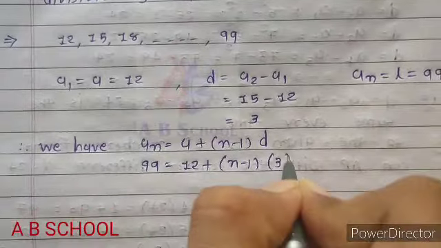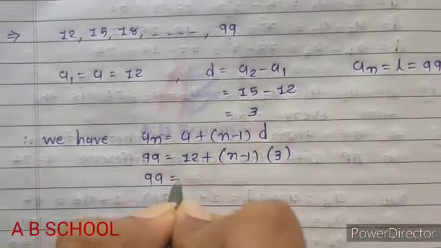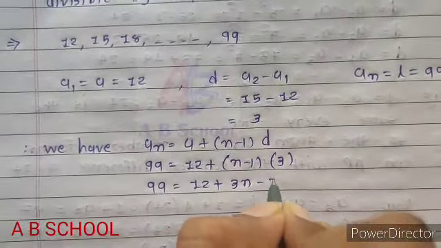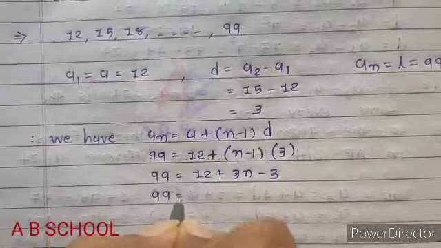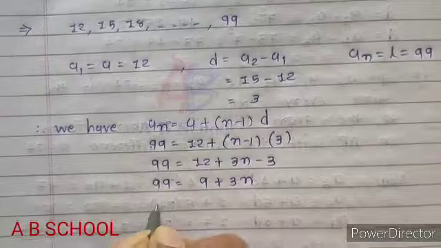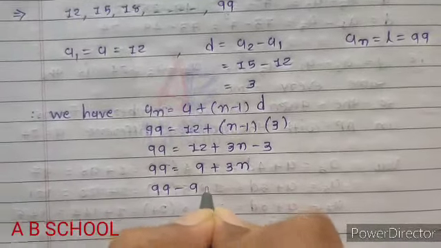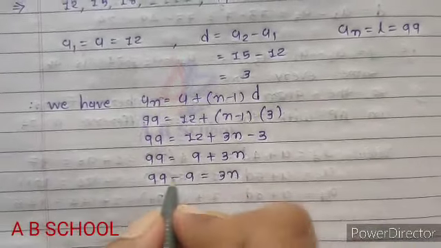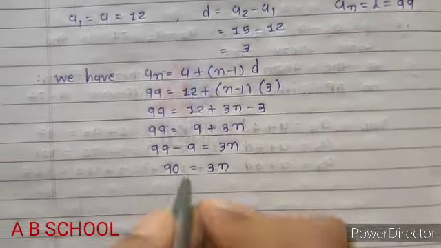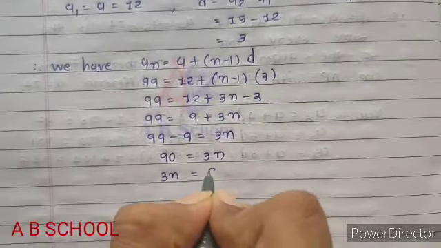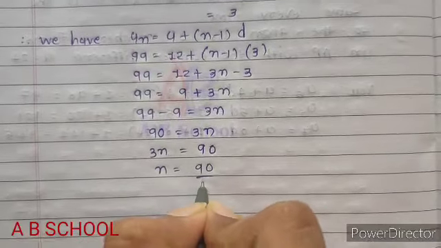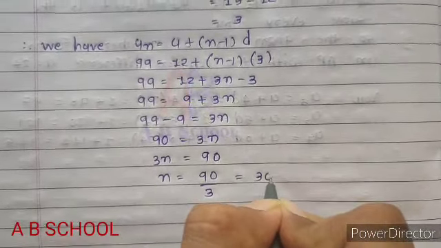Common difference d is 3. So 99 is equal to 12 plus 3 into (n minus 1), 3n minus 3. 99 is equal to 12 minus 3, 9, plus 3n. So 99 minus 9, 90, is equal to 3n. So 3n is equal to 90, and the value of n is 90 divided by 3, which is 30.